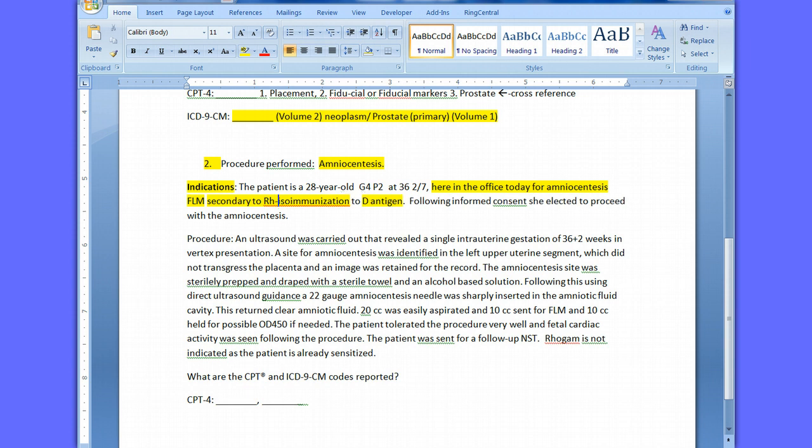This is for RH isoimmunization to the D antigen, or her RHD factor. So when there's a D antigen with the child, the mother may be negative. So if she's RH negative and the child is RH positive, that has the D antigen in their blood, then it could cause a problem with the mother.